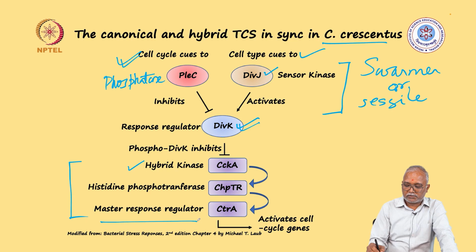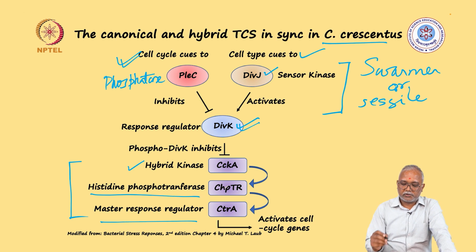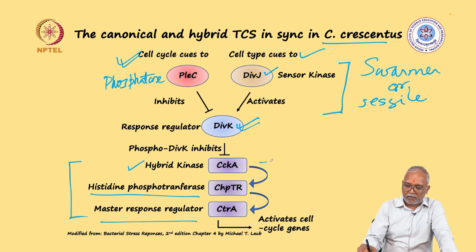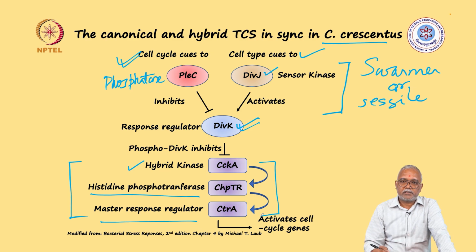and the master response regulator CTRA. Since this is a hybrid kinase, it also involves the histidine phosphotransferase, which is this molecule. So normally what happens is that when there is a cell type cue, meaning a bacteria is preferring to remain as a swarmer bacteria, it will activate DIV-K, and this inhibits the other type of two-component system.